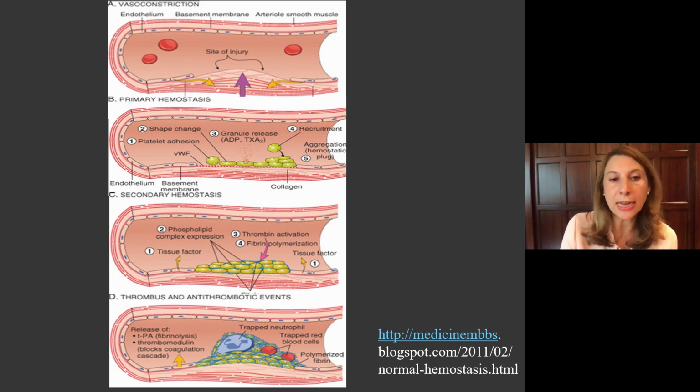Now, in part D, once you have that nice thrombus that's formed to stop the bleeding, we need to limit that. So we need some antithrombotic events. And this is under the regulation of TPA, which induces fibrinolysis, and thrombomodulin, which blocks the coagulation cascade. So now I'm going to jump into 4 cases, which basically take us through disorders that impact the various stages of this coagulation cascade. I'll try to advance.